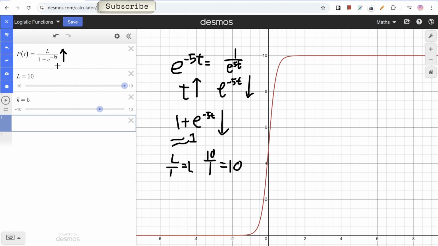The largest approximation for this increase is that this whole bottom part is equal to 1. So if this is 1, then L over 1 is just L, so the graph reaches its limit. No matter how much you increase t, this number is so close to 1 that it's just approximated by 1 with the calculator. So L over 1 is just L, so there's a limit over here, and it never grows again. Okay, so that's all for today.